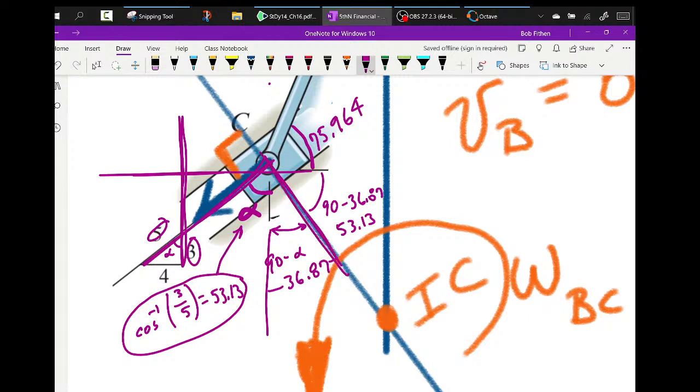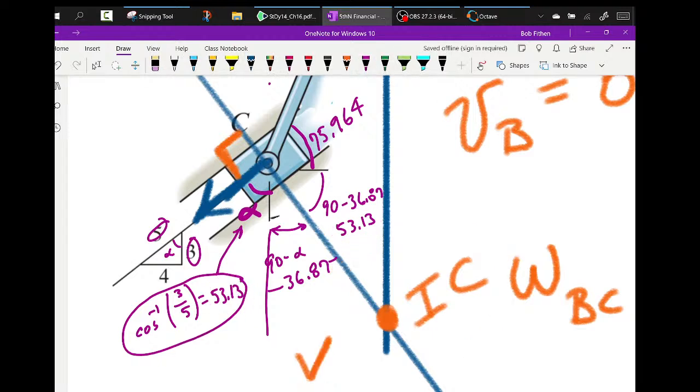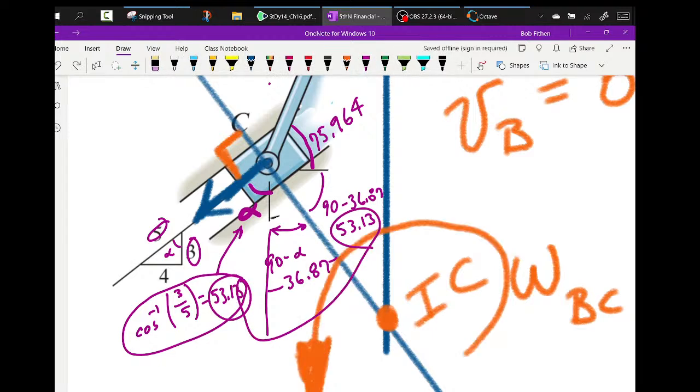So those two facts alone would have meant that I could just copy the angle from right here to right there. Other people who are watching this probably saw that, but hey, that's okay.